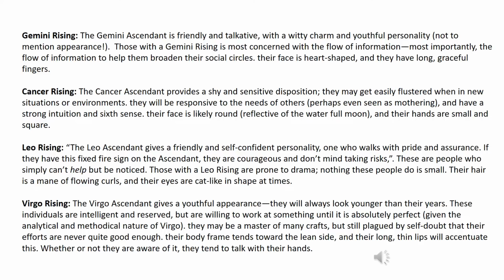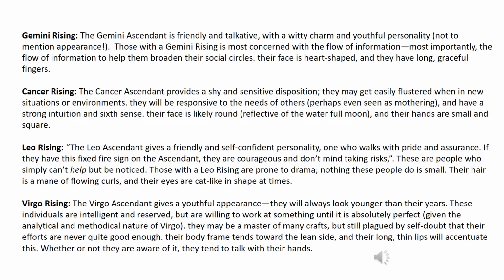There's a certain tightness or controlled image that is present in an effort at self-presentation, according to the Virgo's concept of what should be right, what is the proper appearance.